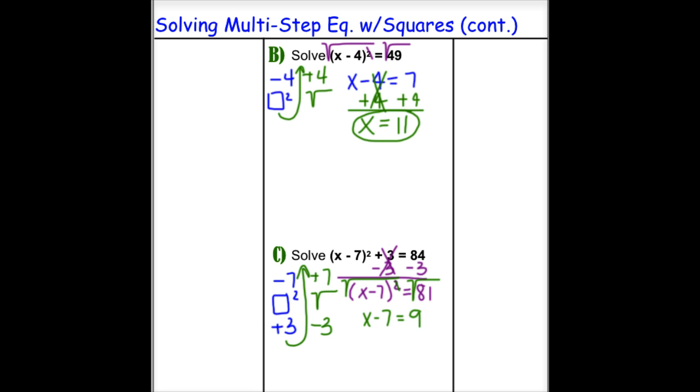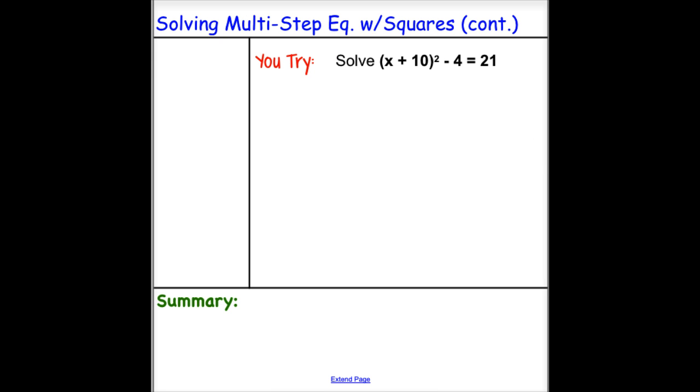Finally, I add 7 to both sides, giving me x on the left and 9 plus 7, which is 16, on the right. If I check that, 16 minus 7 is 9, 9 squared is 81, and 81 plus 3 is in fact 84. Your job now is to complete this U-try problem of the quantity x plus 10 squared minus 4 equal to 21, and bring your questions with you to class tomorrow.